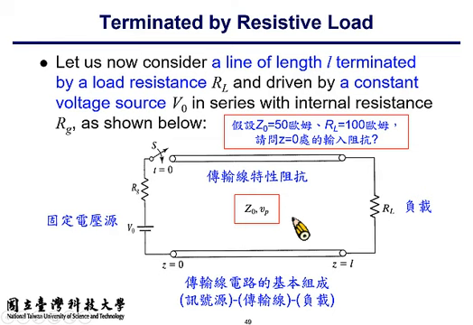Right. So the basic configuration of a transmission line circuit comprises the source, the transmission line, and the termination, the load. Okay, now here comes our first question.